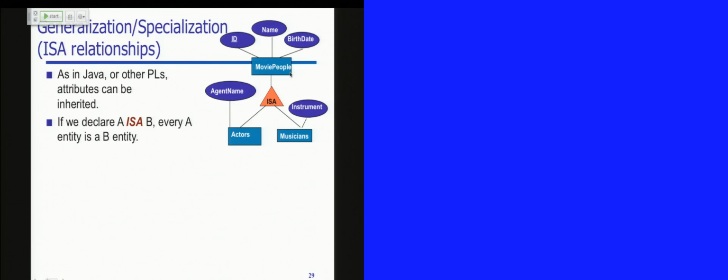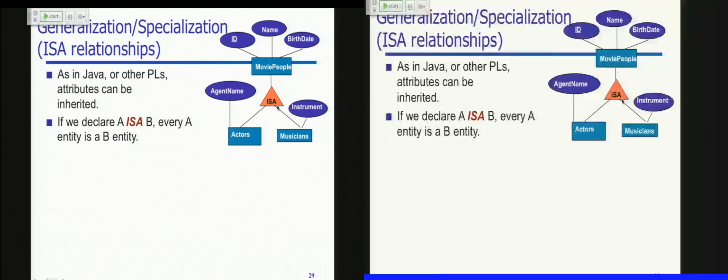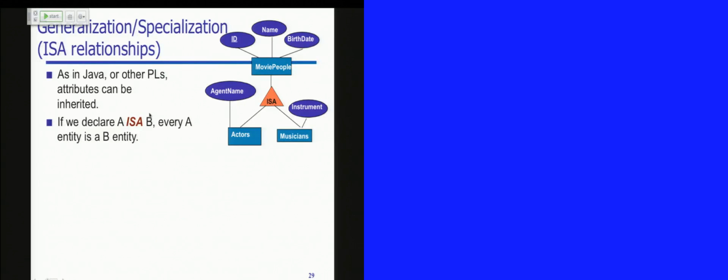Okay, so if you thought we were out of pretty things, we also have the triangle to talk about. We've had oval, we've had rectangles, we had diamond for relationships. Triangle is going to show you generalization or inheritance.